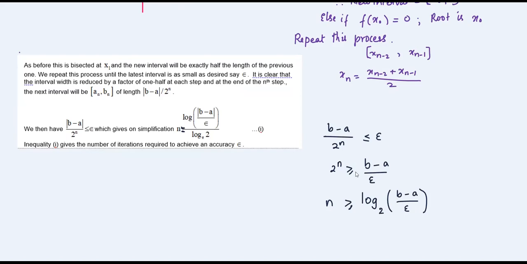We have to use modulus, so epsilon will also be positive. Okay. Now we can convert this to natural logarithm. So this is the number of steps required.